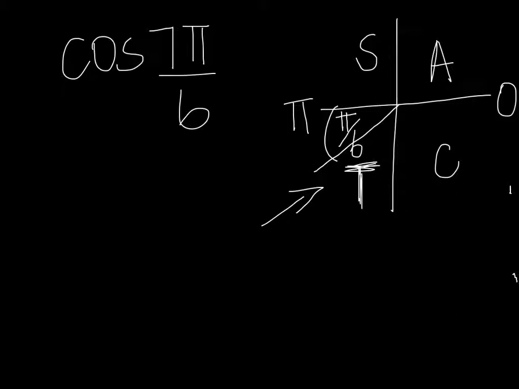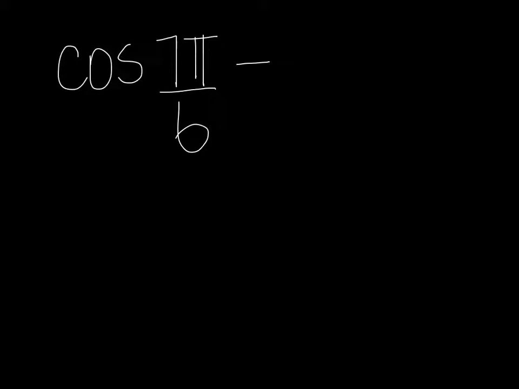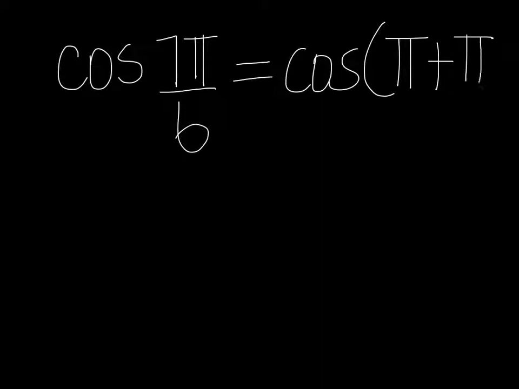So we're going to actually rewrite this cos 7 pi on 6. So we've got cos of 7 pi on 6 is the same as cos of pi plus pi on 6. Remember, this tells us what the equivalent angle would be if we were working in the first quadrant.